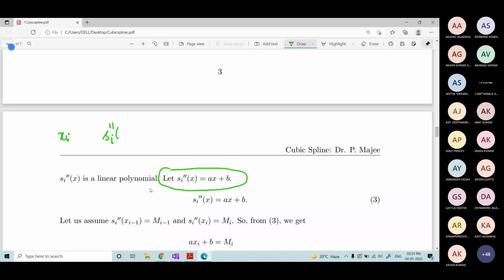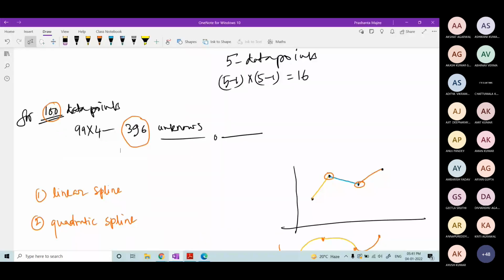But in this technique, you will have to solve only about 1/4 the number of equations of the original. So if 100 data points are there, you will have to solve only 99 equations with 99 unknowns. Okay. So this is the technique.